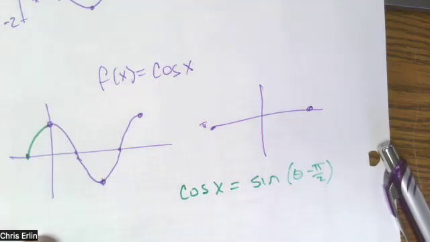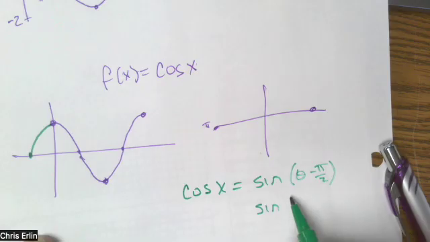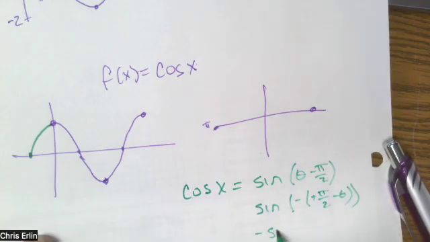Does that look familiar to anyone? There's a little game in here, right? Because this would really be sine of negative pi, positive pi over 2 minus theta. And so because of our odd functions, this becomes negative sine of pi over 2 minus theta equals cosine x.